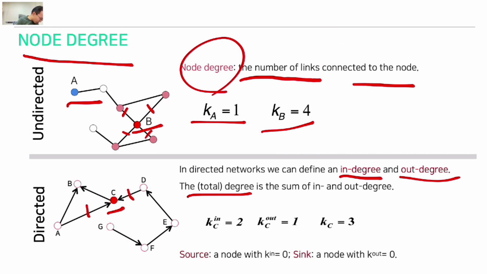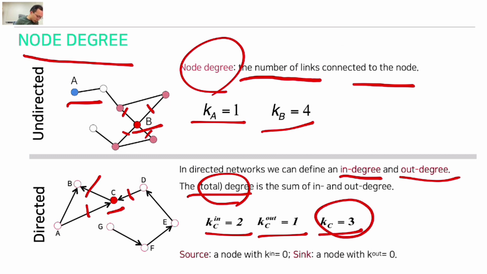We have 2, right? What about how many edges are coming out of the node C? 1, right? But their total degree is the sum of the in and out degrees. It is gonna be 3, right? Simple, right? This is the concept of node degree.